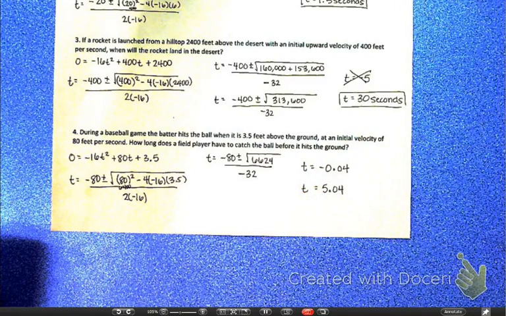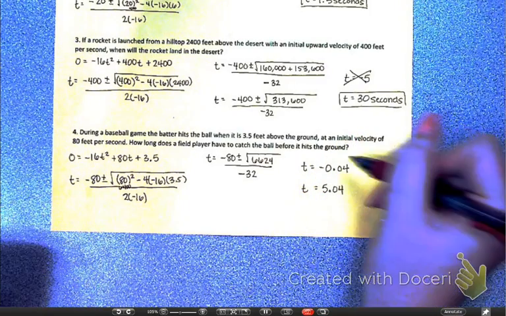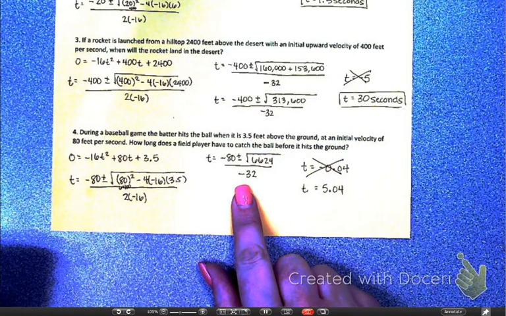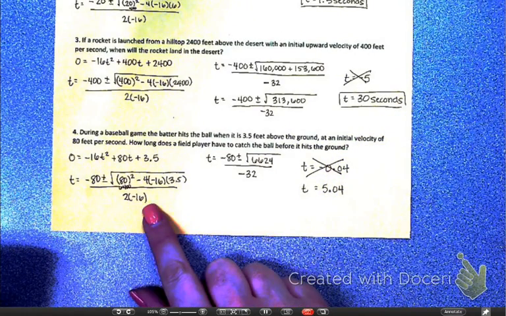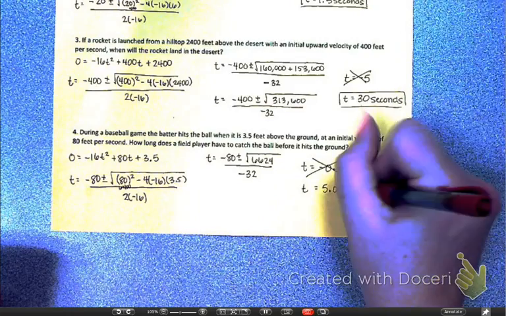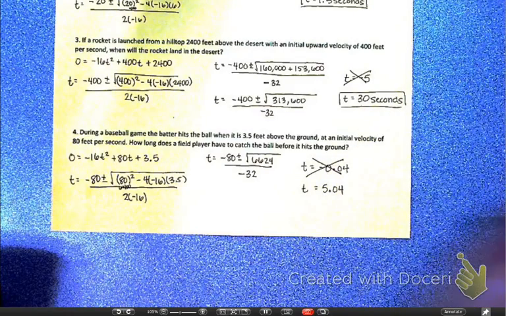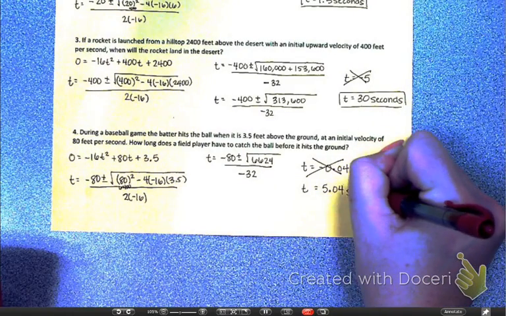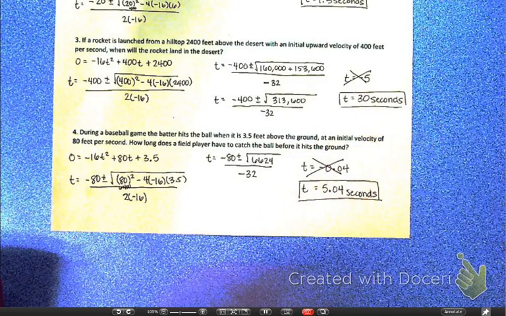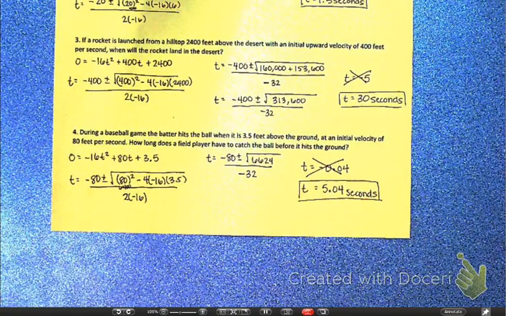Then in your calculator, negative 80 plus the square root of 6,624 divided by negative 32. I get t equals negative 0.04. And then negative 80 minus the square root of 6,624 divided by negative 32. I get 5.04. Did you get both of those answers? Yeah.